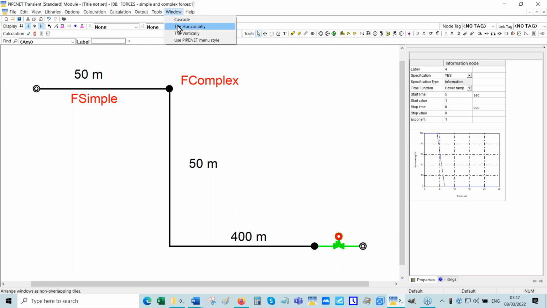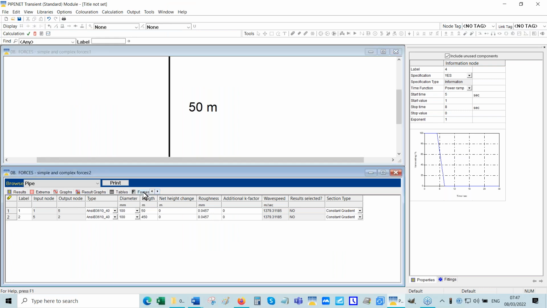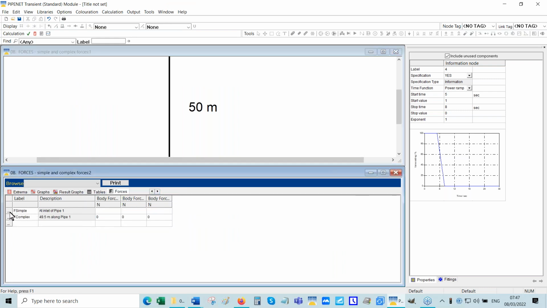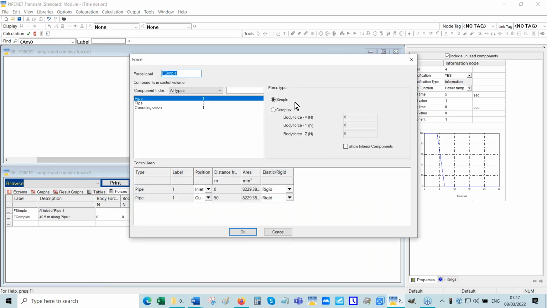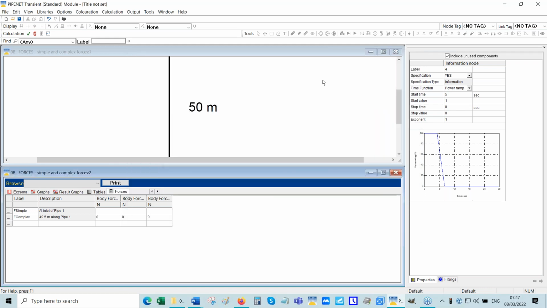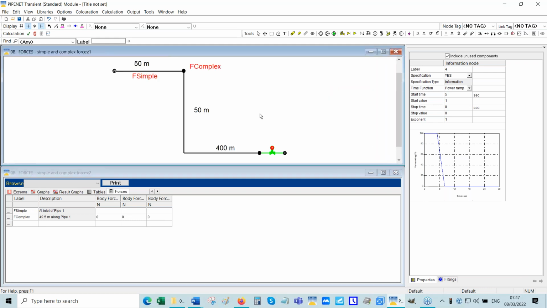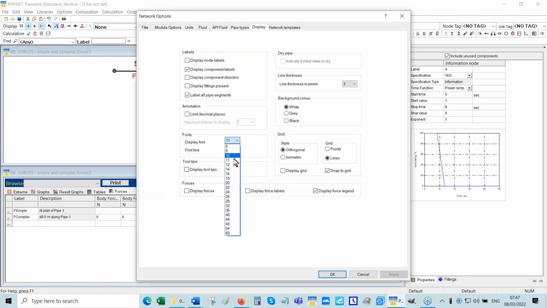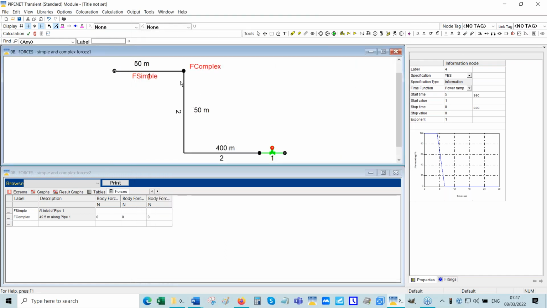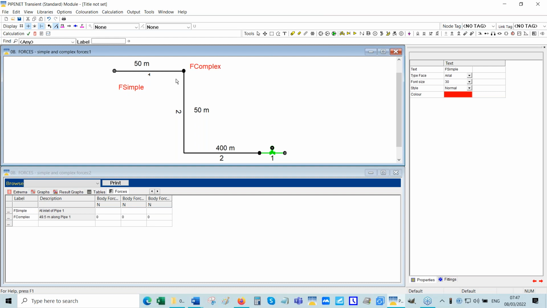Let's have a quick look to see how I've defined the force. See that it's simple. By default, it goes to simple, and it's on pipe 1. If we show the labels and increase the font size, that's 1, 2, and that of course is 2 as well.